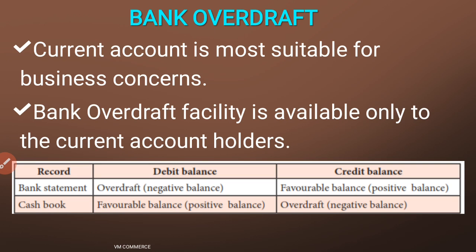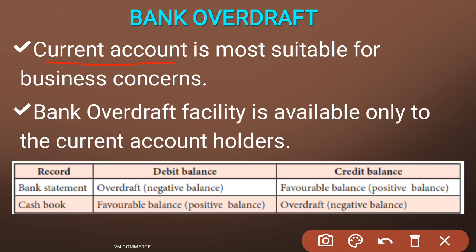The current account is most suitable for business concerns. We have learned bank overdraft. Who can avail this bank overdraft? Not the general public, not a common man can get this bank overdraft. If we have a savings account in a bank, we cannot have this overdraft facility. Only the person who maintains a current account in the bank can avail this facility of overdraft.